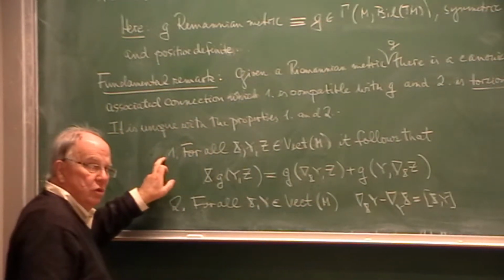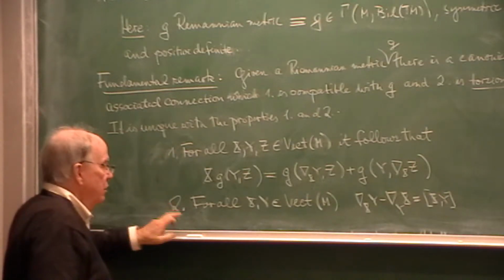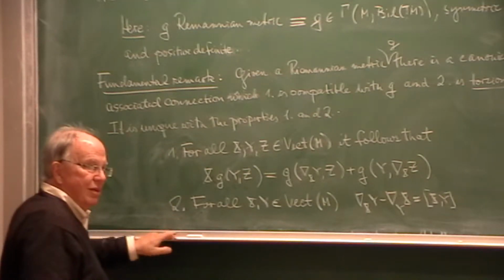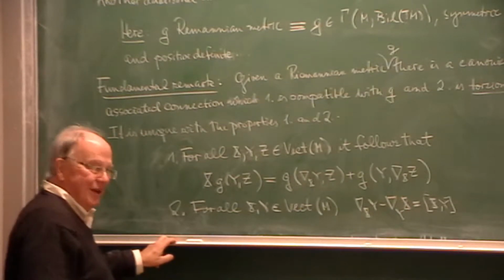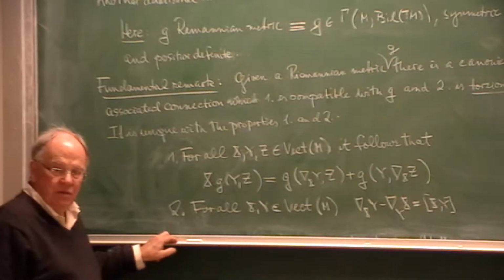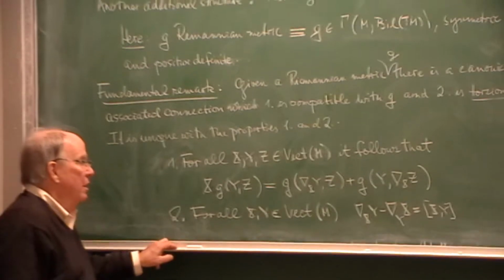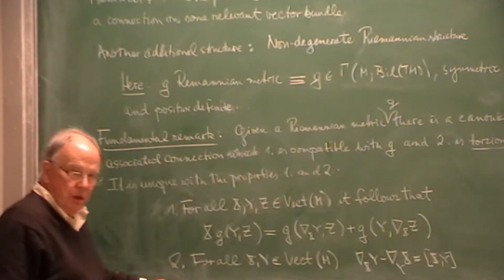Okay, those are two conditions. This is compatibility with the metric. This is torsion-free. And the statement is there's a unique connection which satisfies these conditions. This connection is called the Levi-Civita connection.